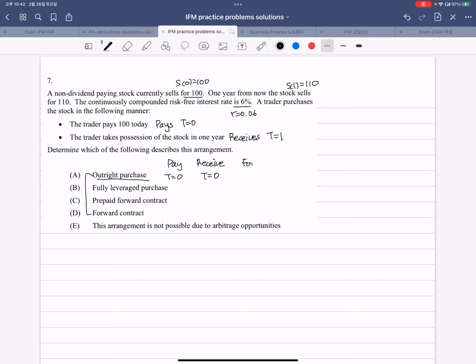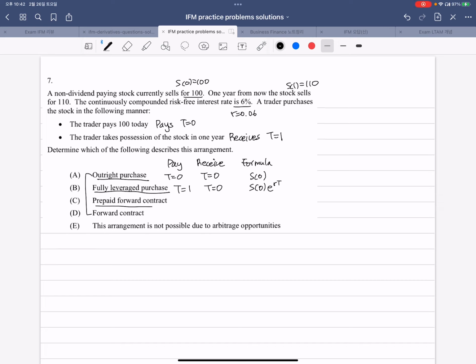And the formula for this will just be S of 0. And fully leveraged purchase is paying at time t, and in this case it would be just 1, and receiving it right now. And this formula would be S of 0 times e to the rt.